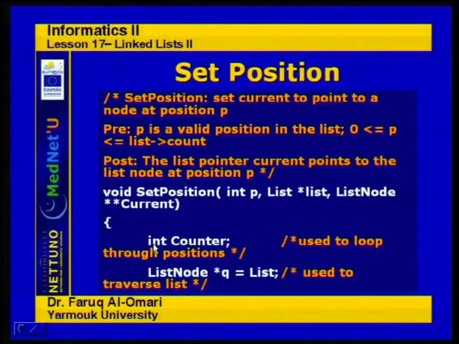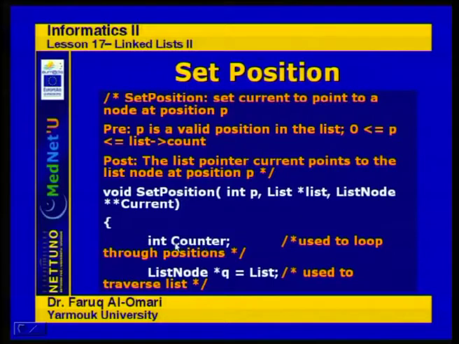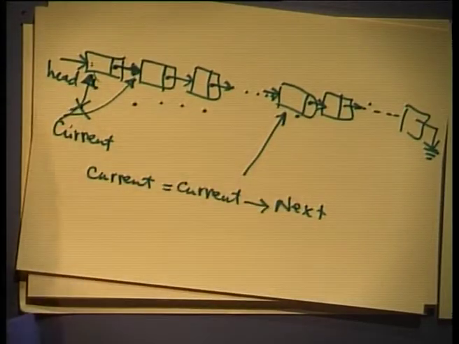Well, I'm going to start from the very beginning. So I'm defining an integer counter, which is going to go from 0 to P, basically, to the Pth position. And then after that, I'm going to initialize some pointer of the same type, list Q, to point to head of list, basically.